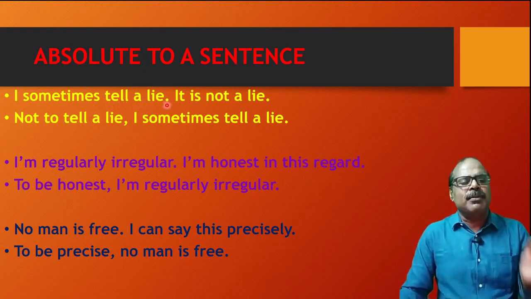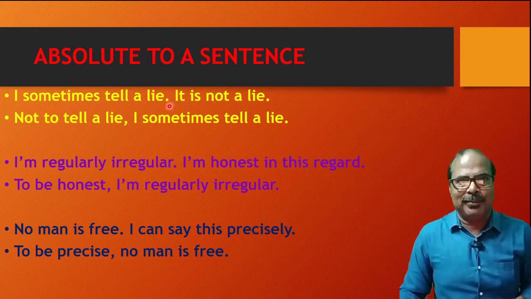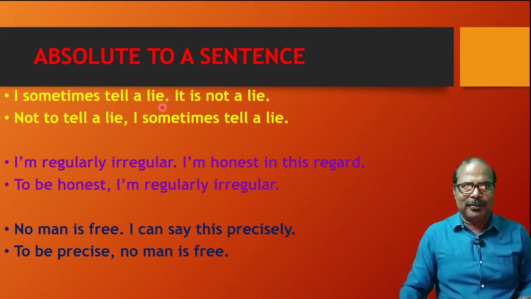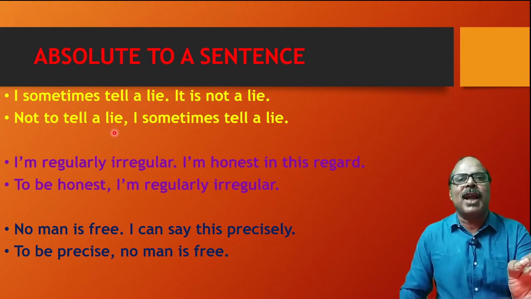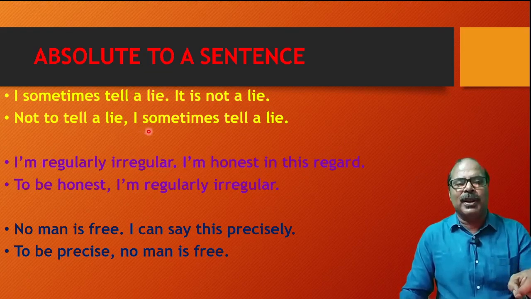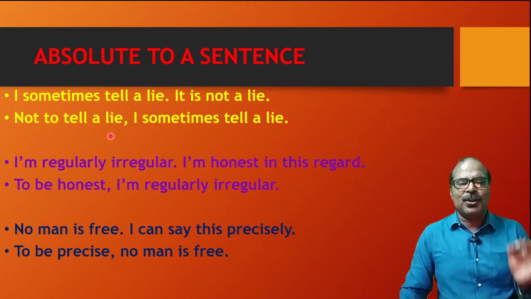I sometimes tell a lie, it's not a lie. আমি মাঝে মাঝে মিথ্যে বলি, এটা মিথ্যে নয়। Not to tell a lie, মিথ্যে না বলতে, আমি যদি মিথ্যে না বলি, I sometimes tell a lie. Not to tell a lie, this is the absolute use.